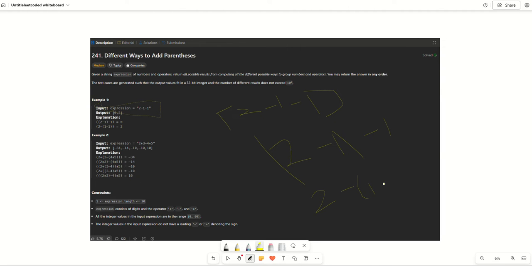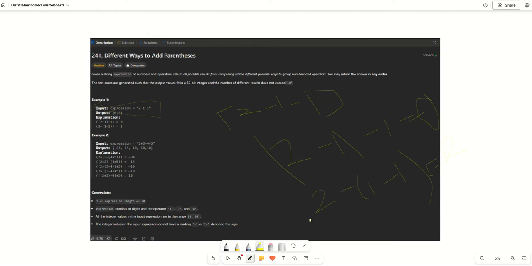So there are two possible ways to solve this expression. For the first expression we get a value of 2, and from the second expression we get a value of 0.